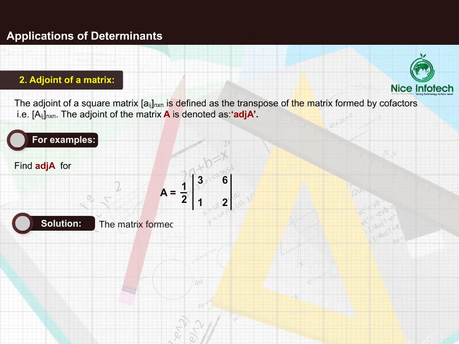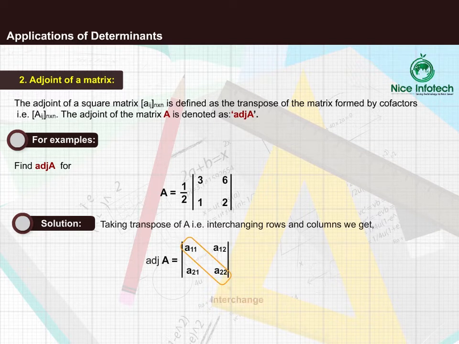The matrix formed by cofactors is 2 minus 1 minus 6 3. Taking the transpose, that is interchanging rows and columns, we get adjoint A as 2 minus 6 minus 1 and 3.